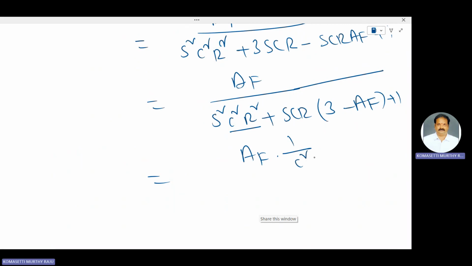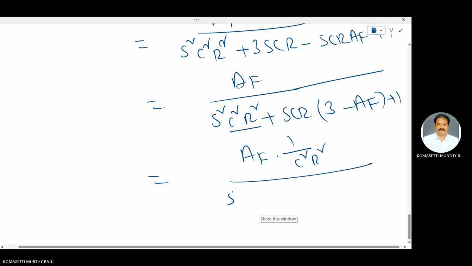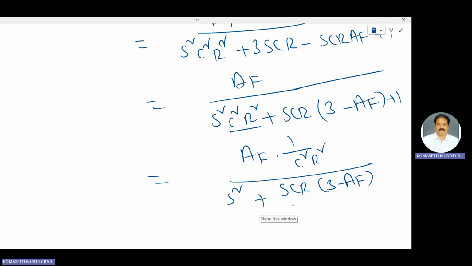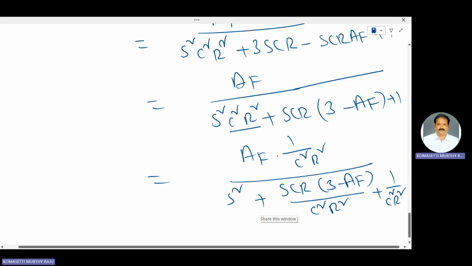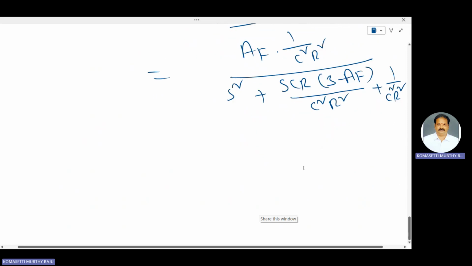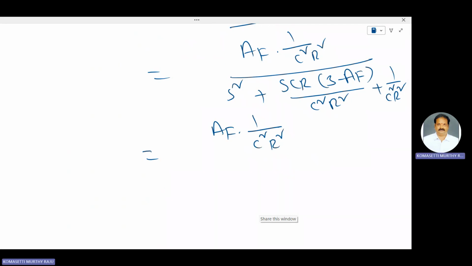AF by 1 by C square R square S square plus SCR into 3 minus AF by C square R square plus 1 by C square R square. That is equal to AF into 1 by C square R square. Here R is cancelled.